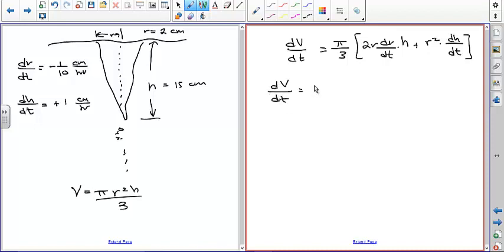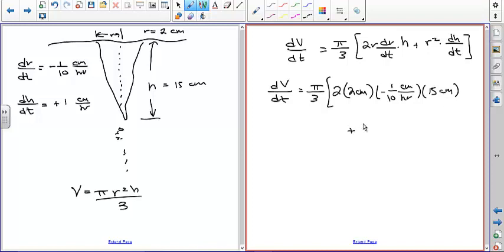Okay. So you'd have pi over 3 times 2 times the radius, which is 2 centimeters, times dr dt, which is -1/10 centimeter per hour, times the height, which is 15 centimeters. So that's the first part.